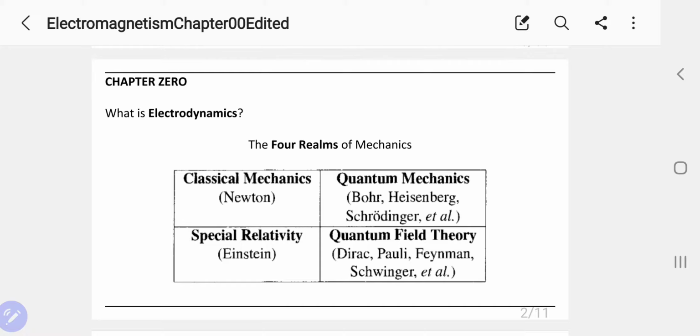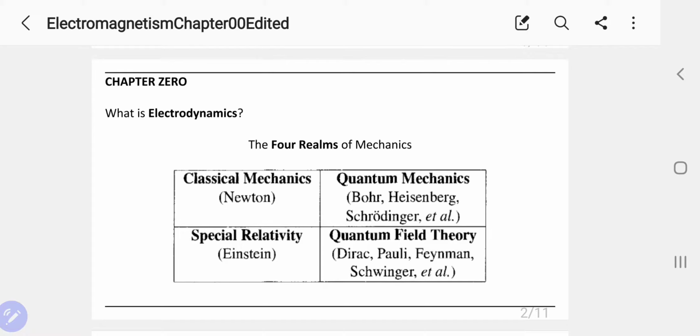And then when you have small particles with low speeds, then that is described by quantum mechanics and mostly formulated by Bohr, Heisenberg, Schrödinger, and others.